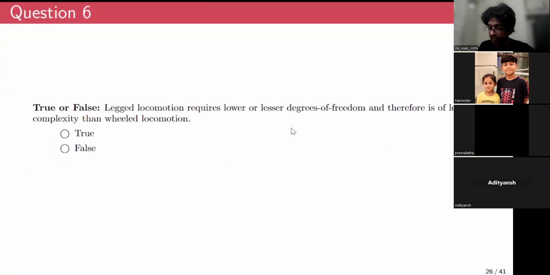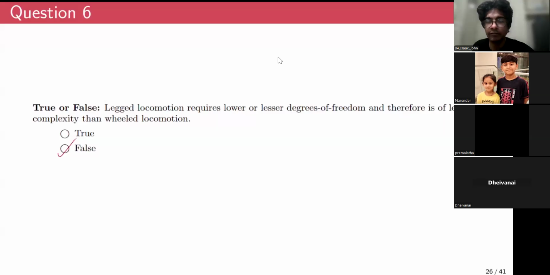So moving on to question 6, it's a true or false question. Legged locomotion requires lower or lesser degree of freedom and therefore is of lesser complexity than wheel locomotion. Is it true or is it false? It says legged motion is less complex than wheel locomotion. Any suggestion? False. It's false, obviously.